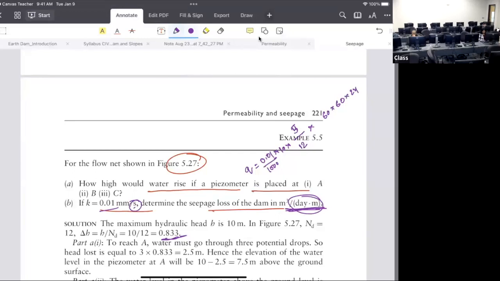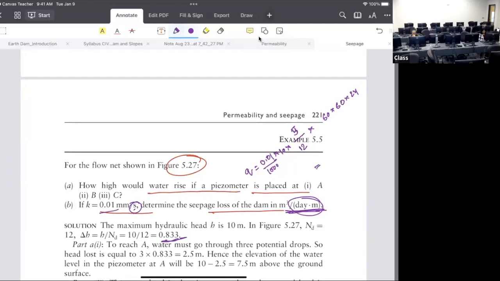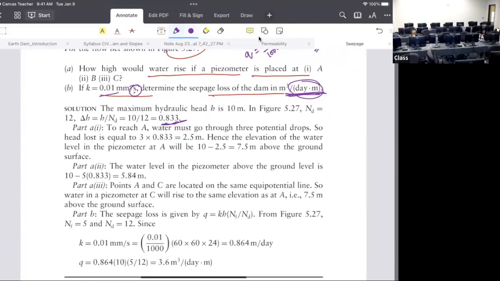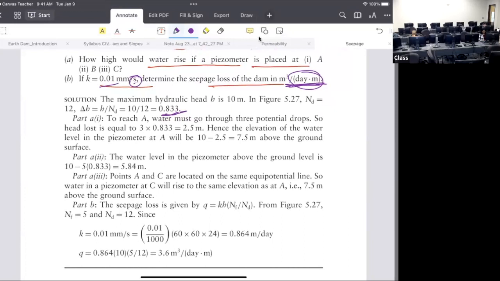That's the number. I think the number should be the same. This multiplied, so we get the number we're looking at, in meter cube per day. So they converted the K into meter per day. That's the number, right?